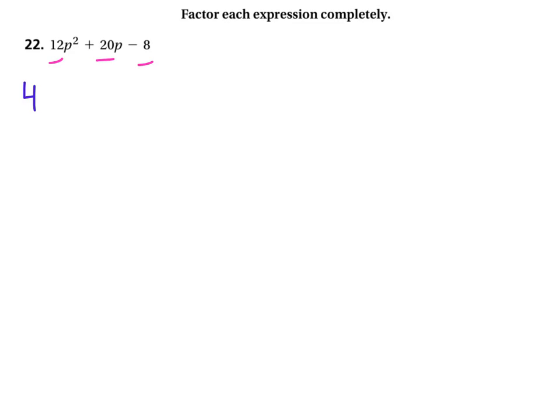4 times, and then we're going to divide this polynomial every term by 4. What is 12p squared divided by 4? 3p squared. What is 20p divided by 4? 5p. And what is -8 divided by 4? -2. Okay, so we've already got something factored out, that 4, and we're going to have to write that every single time.